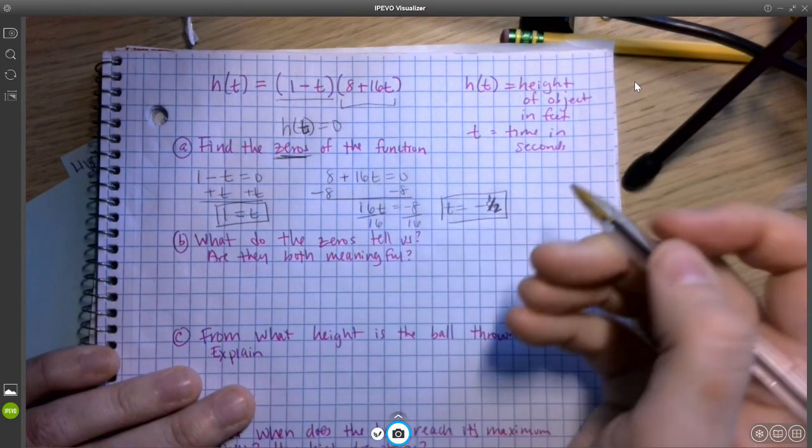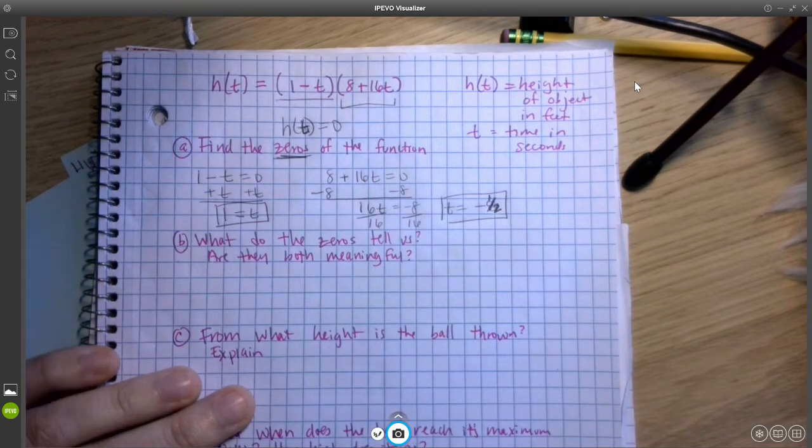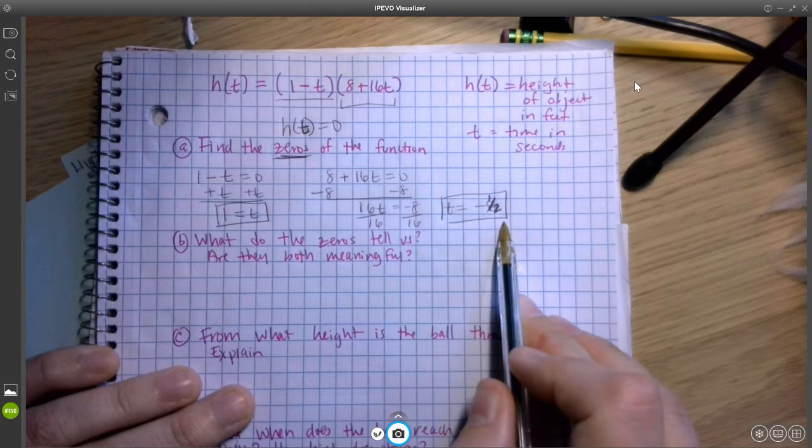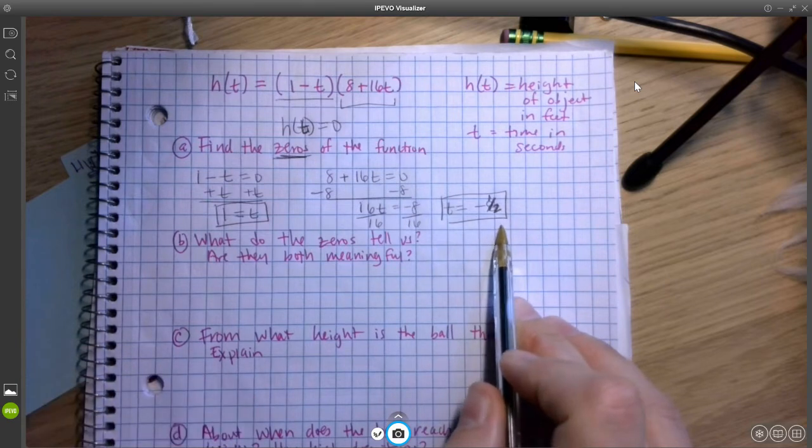So the zeros are t equals 1 and t equals negative 1/2. What do the zeros tell us? Are they both meaningful?